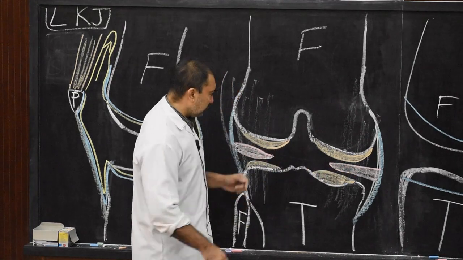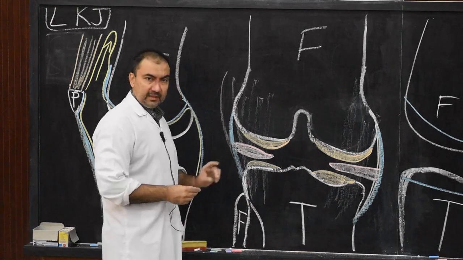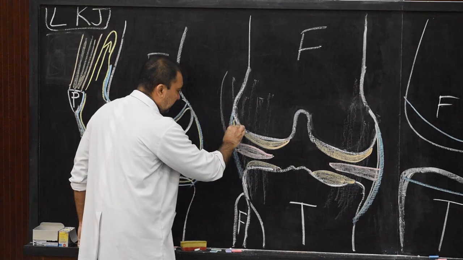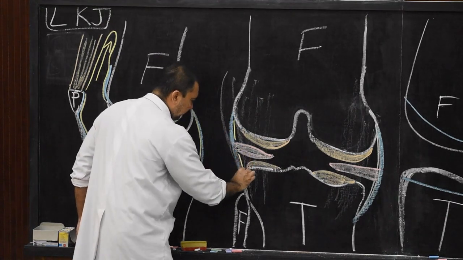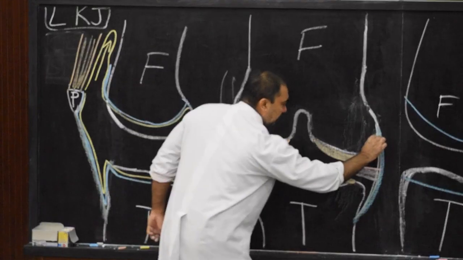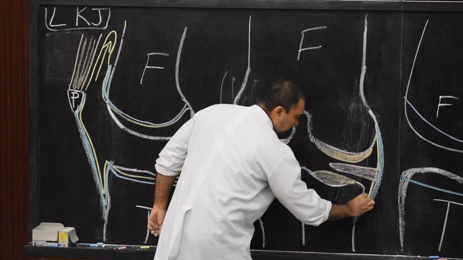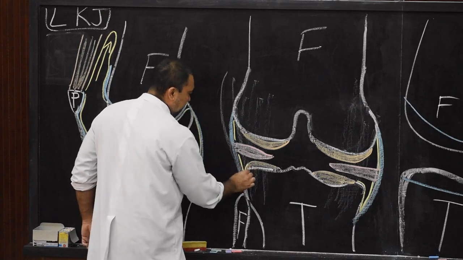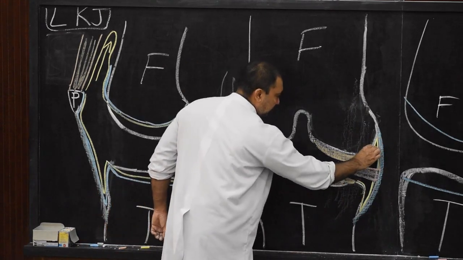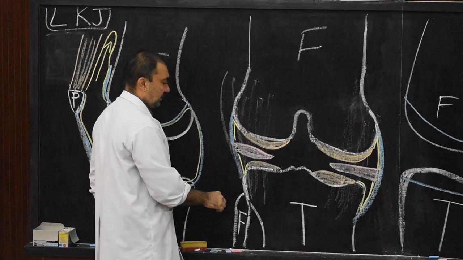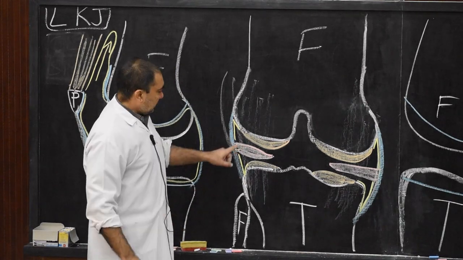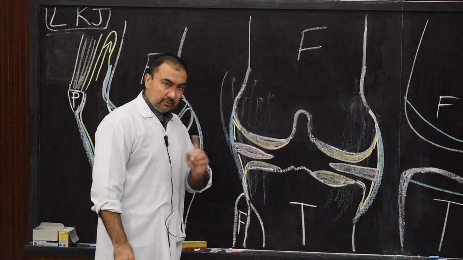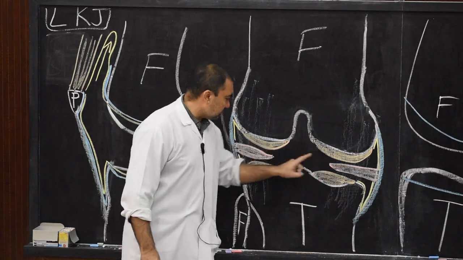So this synovial membrane, if I show it in this diagram, is lining the inner part of the capsule, and here also, then it will cover the intracapsular part of the bones, here I am showing till here. But it will not cover the articular cartilages and also it will not cover these two menisci.